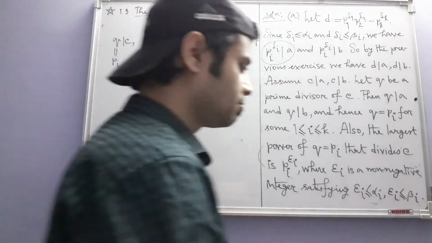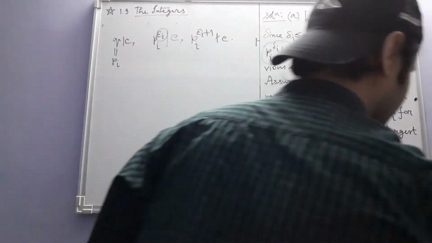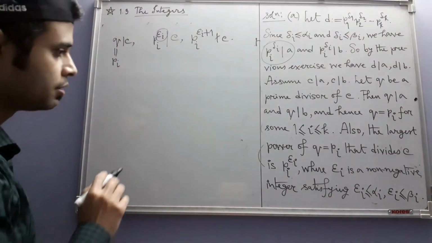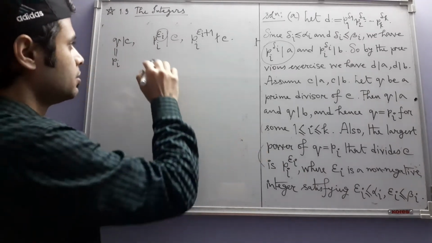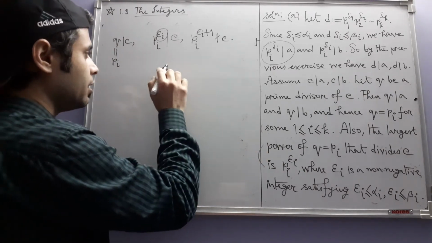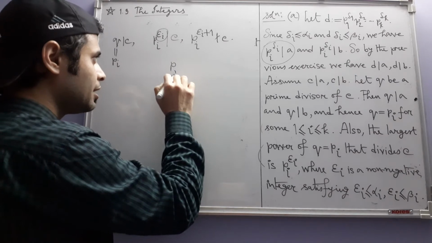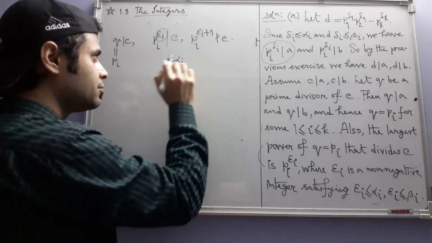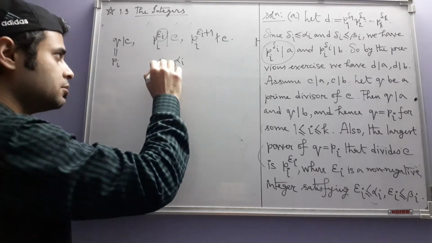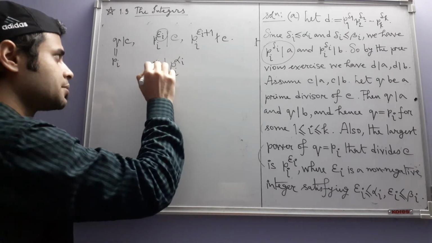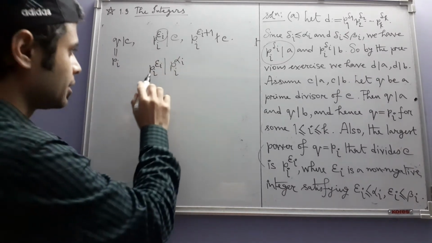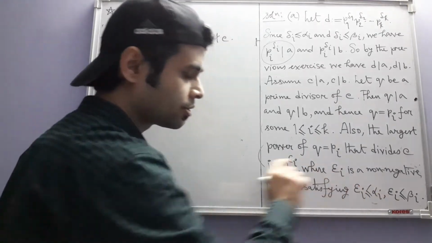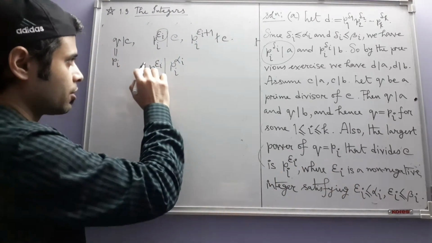From this situation we can say, oh, by the way, I have to say one more thing, right? See, C has to divide A, and since in A the largest power of Pi is Pi to the power alpha I, that means Pi to the power epsilon I has to divide Pi to the power alpha I. That's why epsilon I is less than or equal to alpha I. Otherwise, this is not possible.